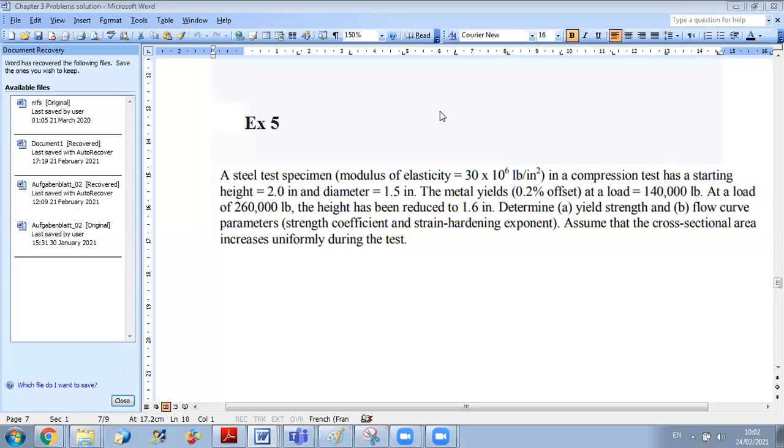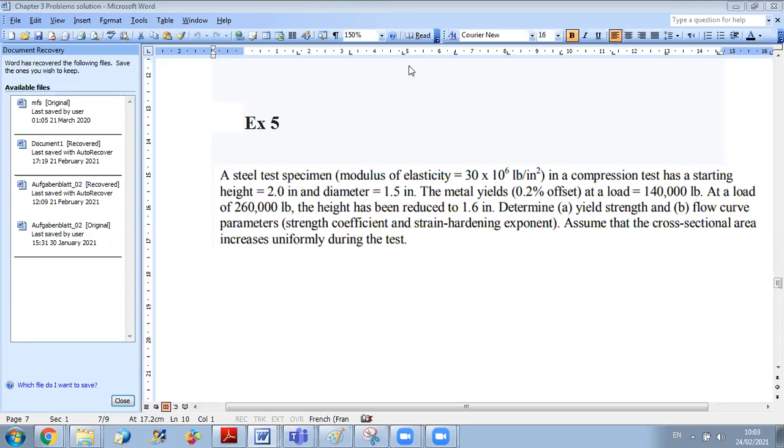At a load of 260,000 lb, the height has been reduced to 1.6 inch. First, determine the yield strength, and second, find the flow curve parameters, which are the strength coefficient and the strain hardening exponent. Assume that the cross-sectional area increases in a uniform way during the test.